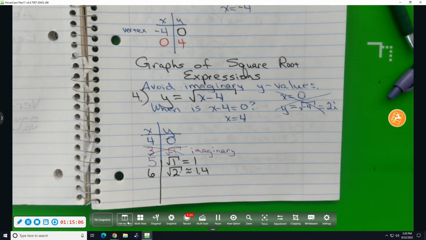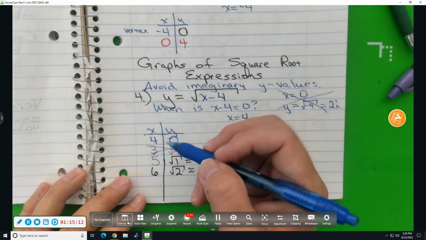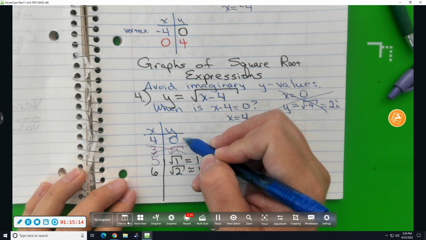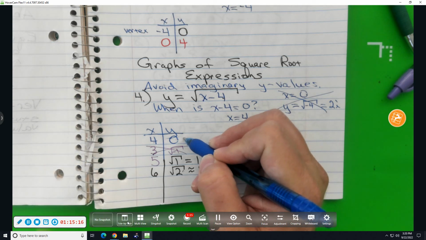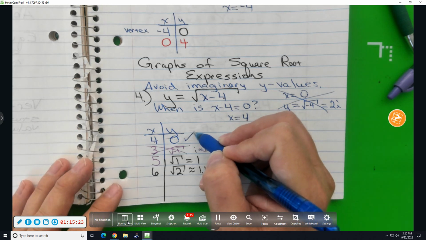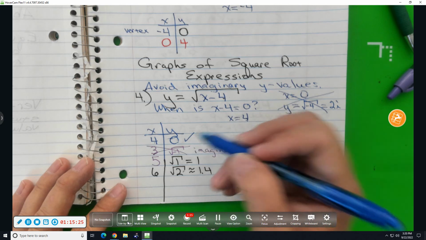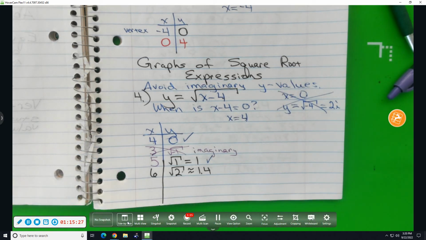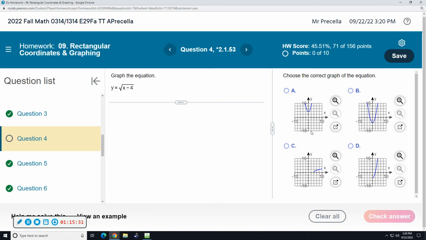This is a multiple choice problem. I bet that we can look at the 4 options and see what the graph looks like based on the 2 points that we have. Remember, these points are solutions to the equation, so they have to be on the graph. Which graph has 4, 0 and 5, 1? Let's look. Maybe we can pick it out right here at this step.